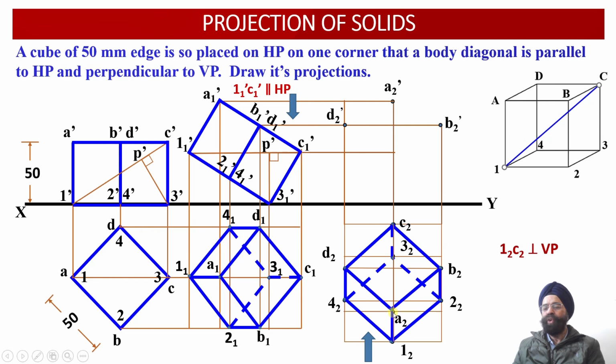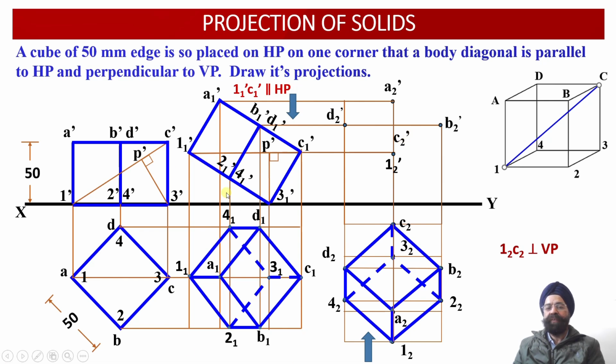So again this is overlapping. 1, 2 and C2 are overlapping. So horizontal line 1 dash and C1 dash is overlapping. The vertical projector line 1, 2 and C2 is overlapping. So here one point will be available, that is a common point, which will locate the points 1, 2 dash and C2 dash over here.